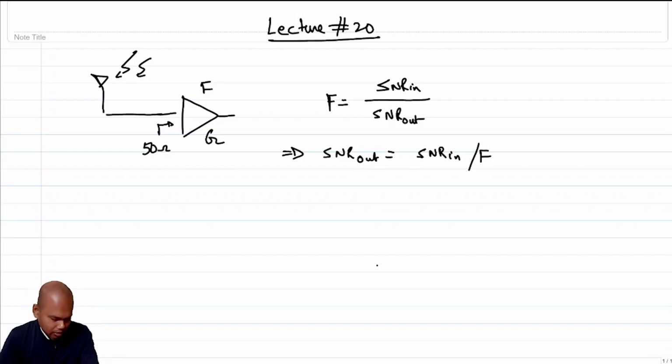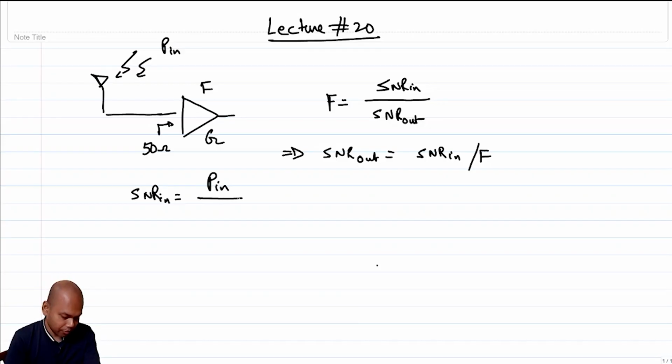Okay. Now what is SNR in? SNR in is nothing but the input power, that is P in, divided by the input noise, right? Now what is input noise?